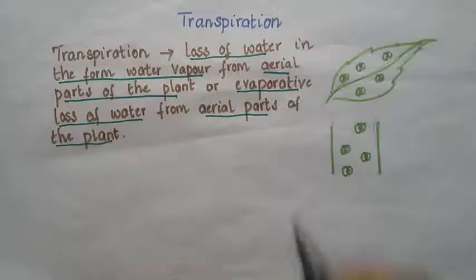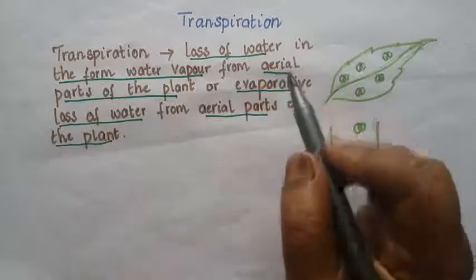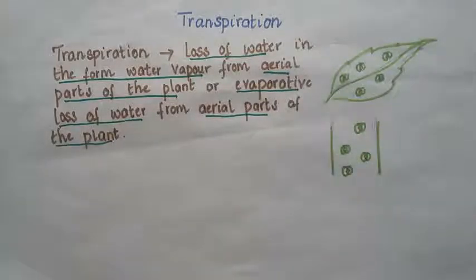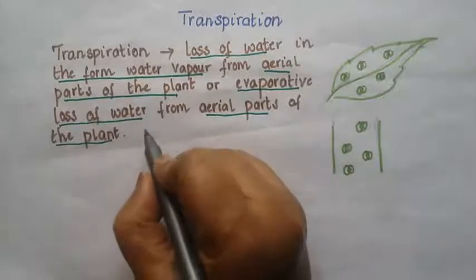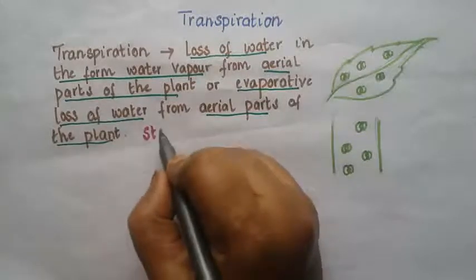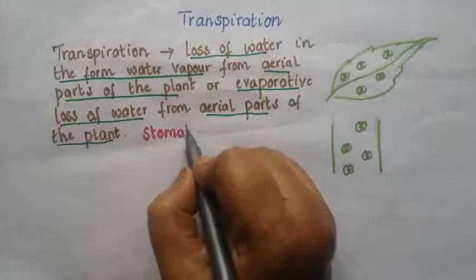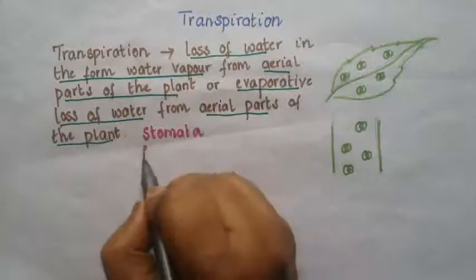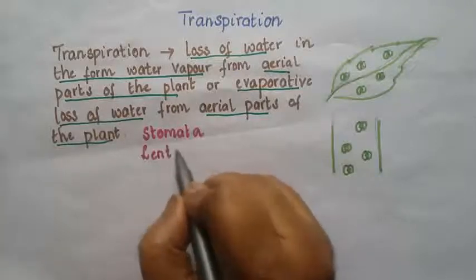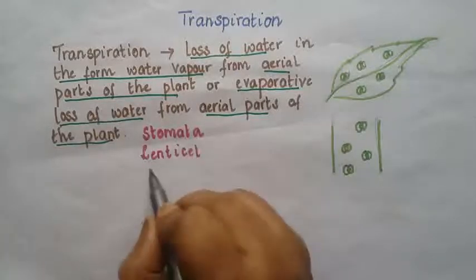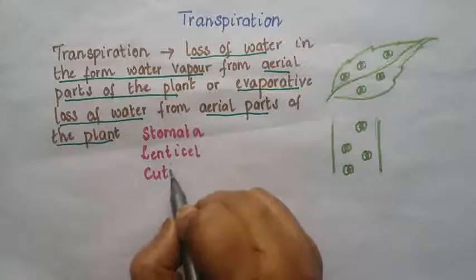Now, what do you mean by aerial parts of the plant? We know that the parts of the plant which are above the soil are known as the aerial parts. In fact, we find three structures in the aerial parts, such as stomata, followed by lenticel and cuticle.